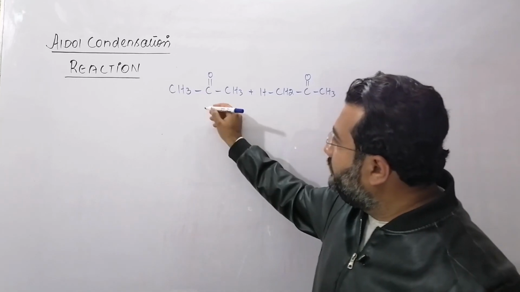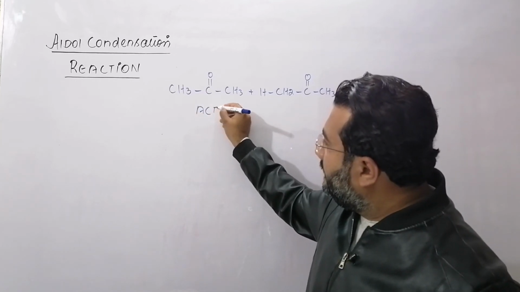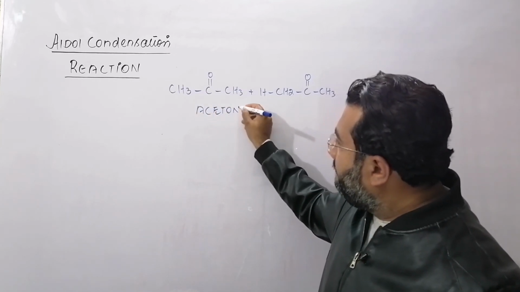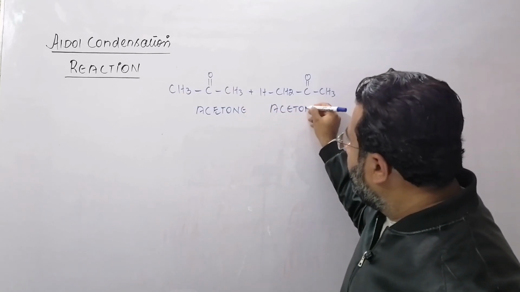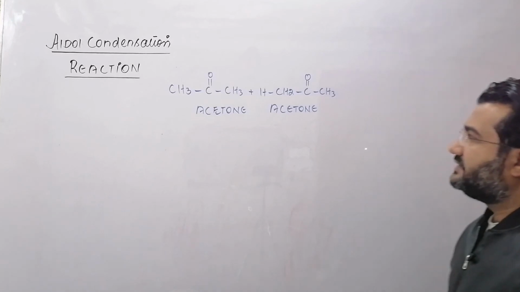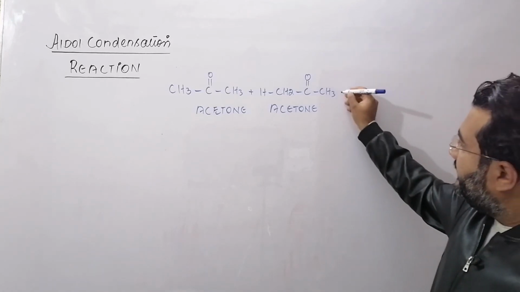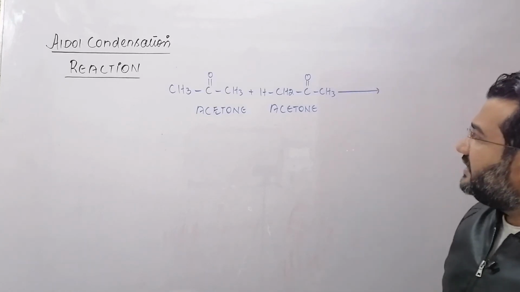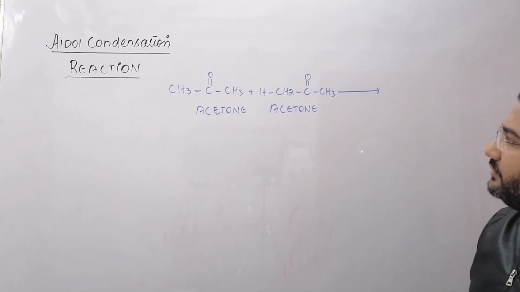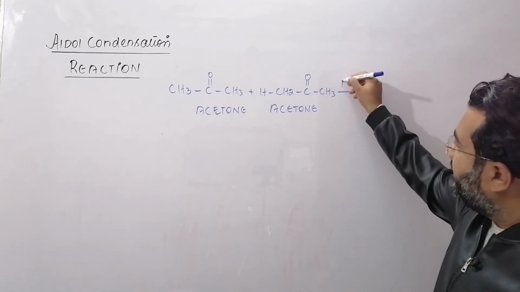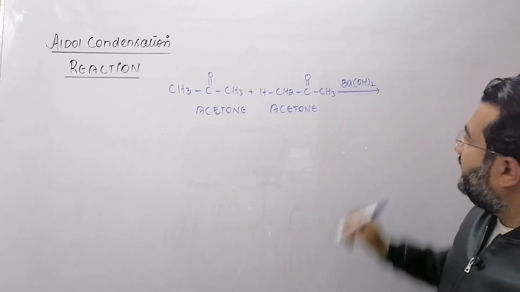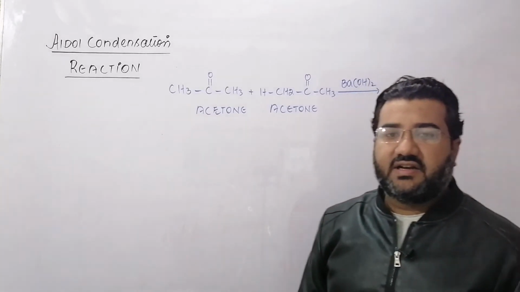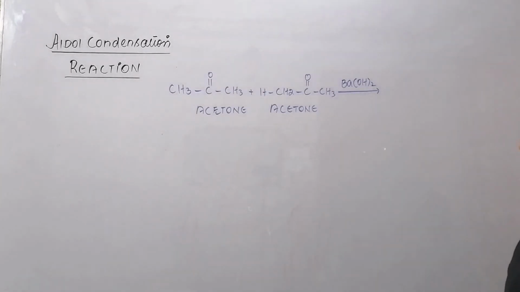So these are the two acetone molecules. And dear students, because ketones are less reactive as compared to the aldehydes, you will have to provide a relatively stronger base here, and that is barium hydroxide.